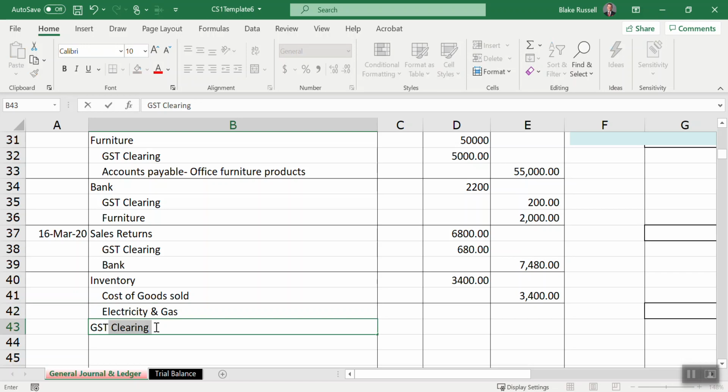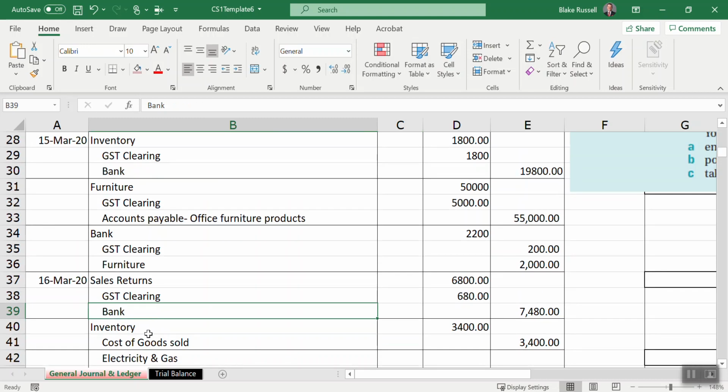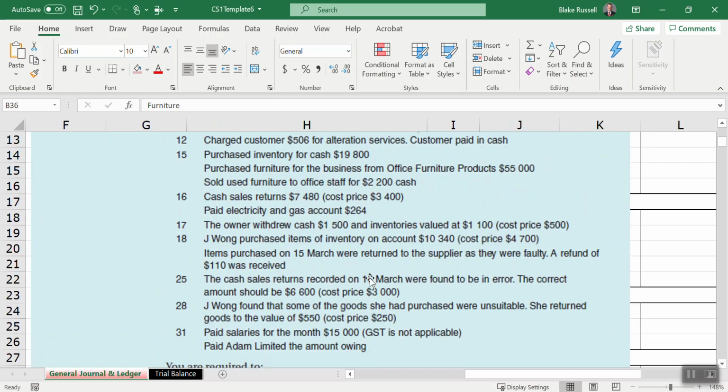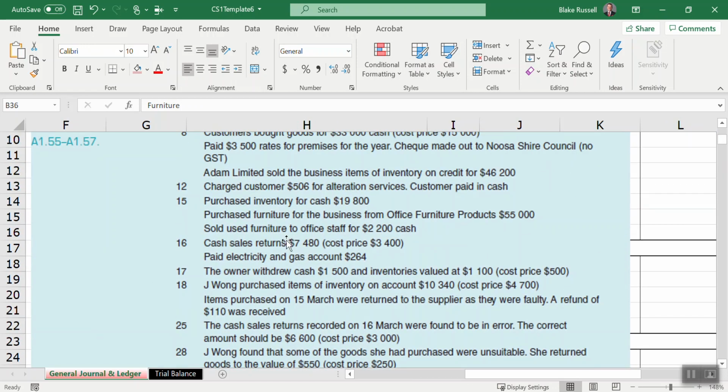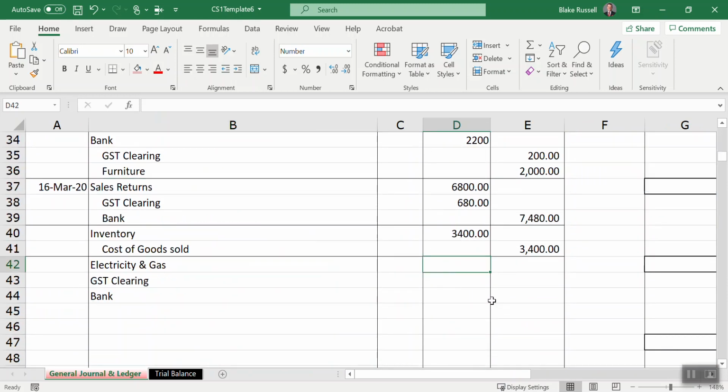GST and bank. So let's have a look at it. $264. All right, so that money's coming out of our bank account, so the bank account's decreasing.